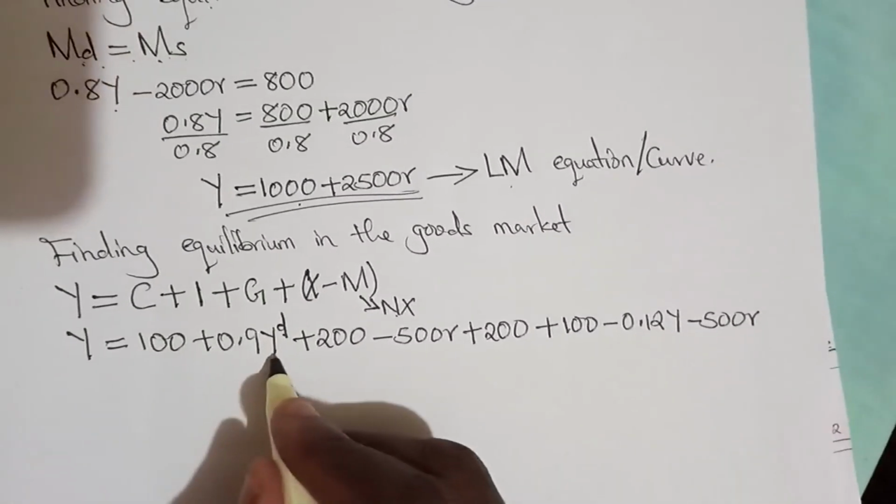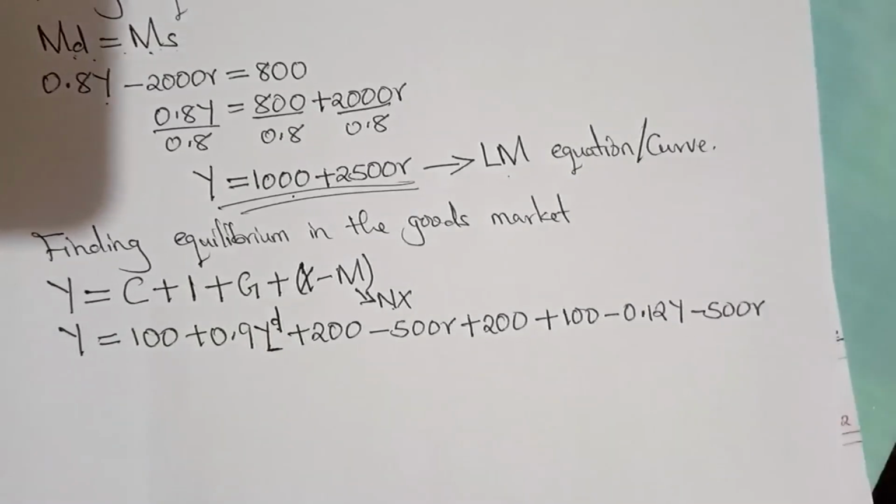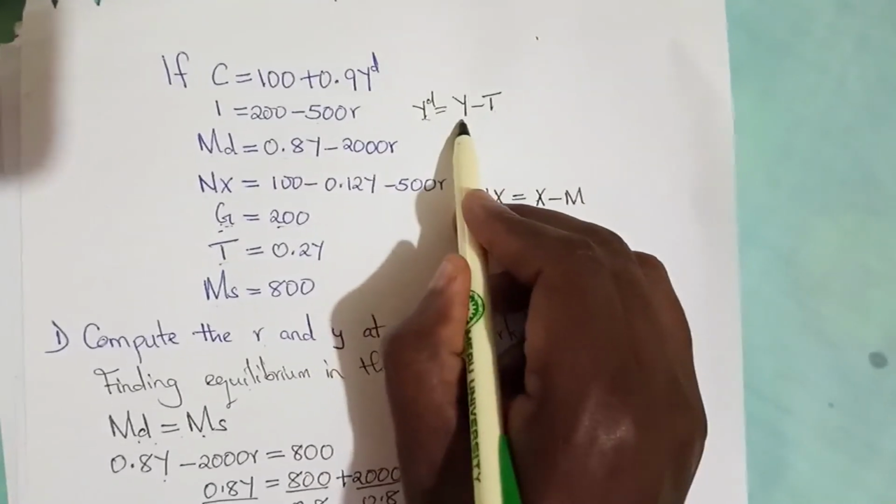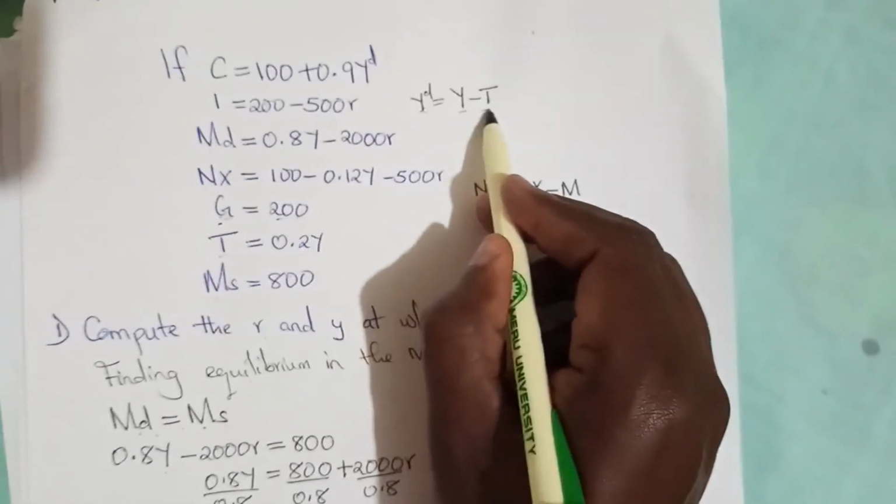Now you have substituted everything. Let's replace this YD with something else, because as we had said earlier, YD is the same as Y minus T, or income minus tax.